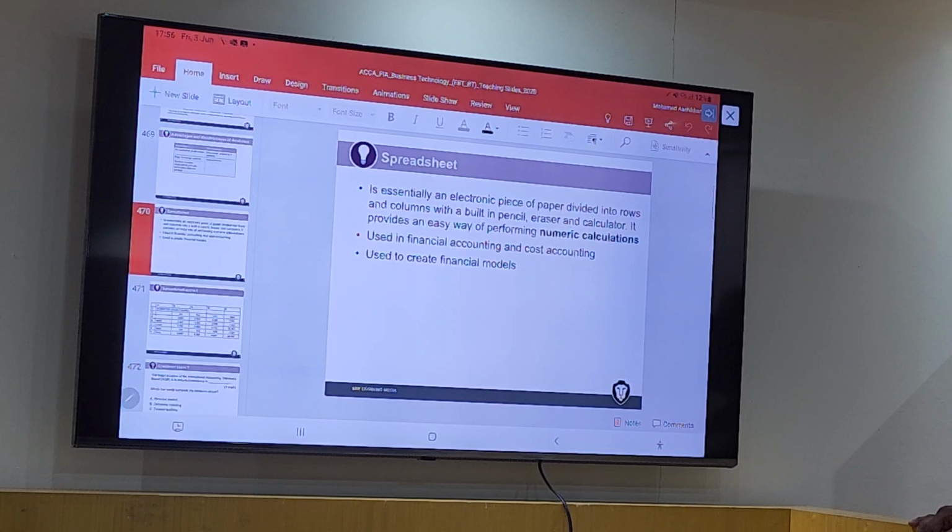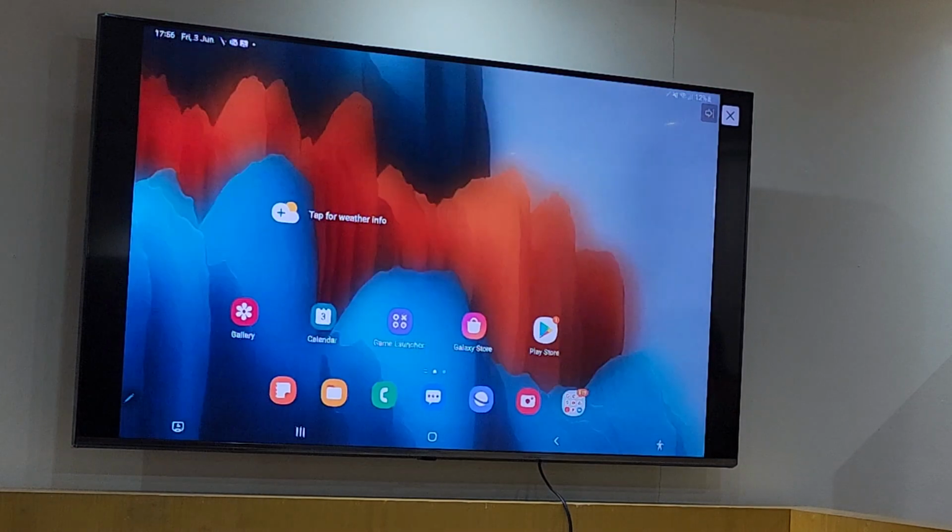In Excel, how many cells, or how many columns, do you know? I think 256 columns, and in rows, 9,000 something like that. I don't know, you can ask Google.